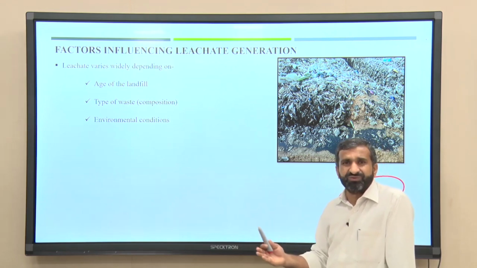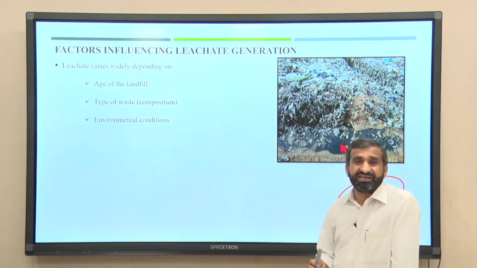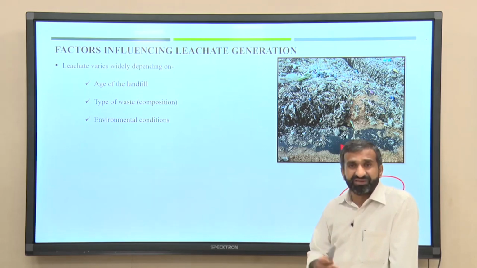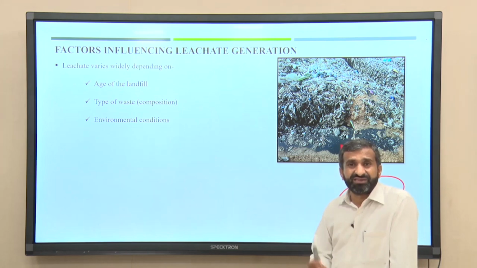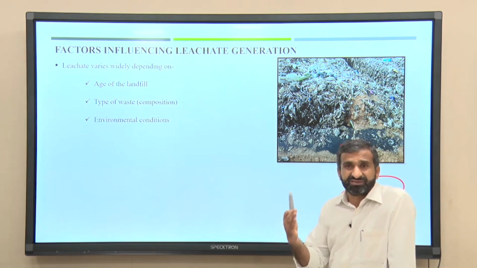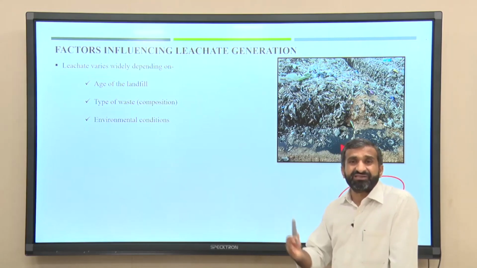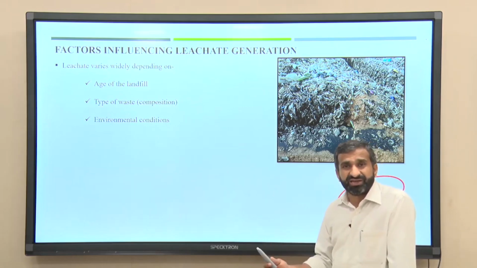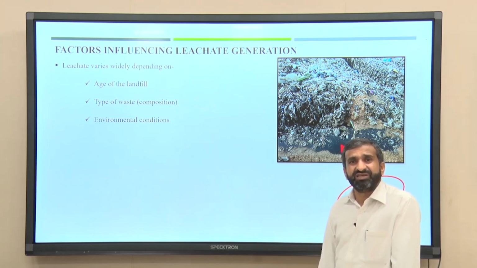You need not worry much about the leachate part, but now a mixed kind of waste is reaching, and in a country like India, 50 to 60% is biological waste, or in some other countries the biological waste goes to 60%, 80%. In that case, if the entire waste goes to the disposal site or landfill area, obviously you have to worry much about the leachate.